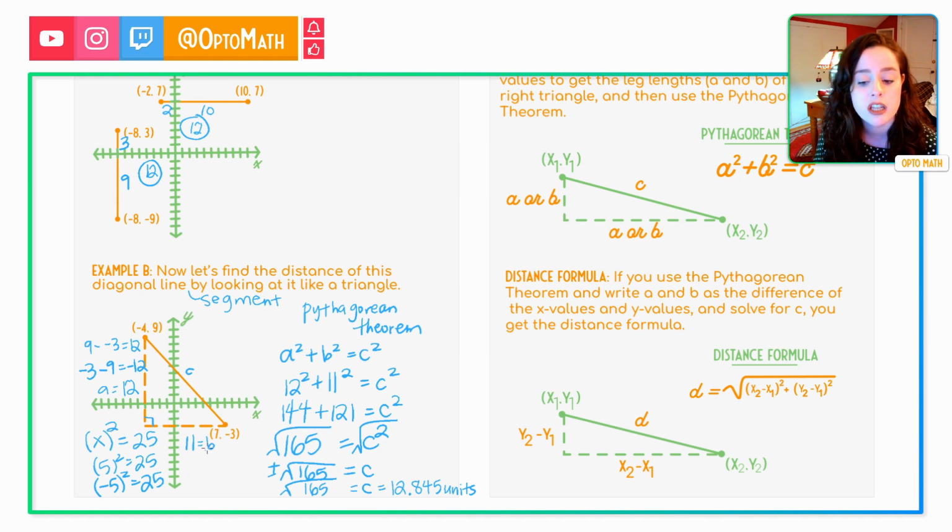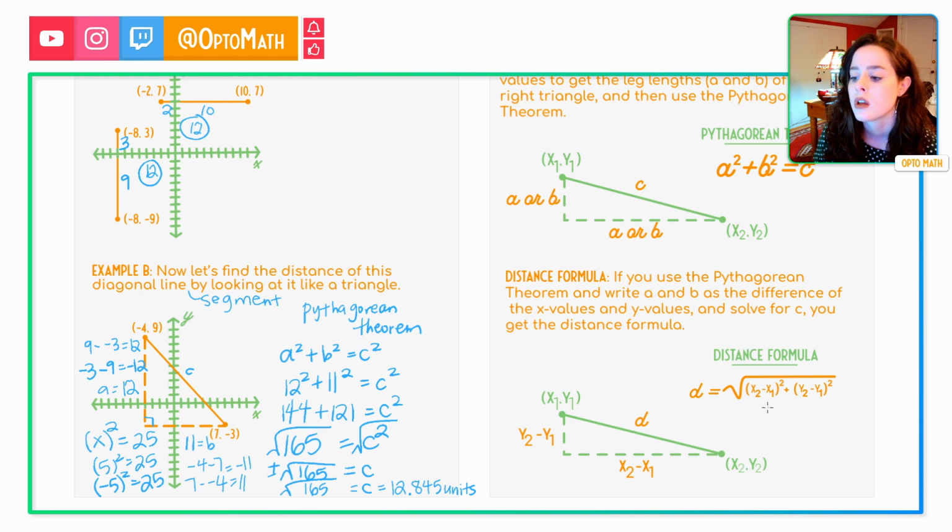Same thing happens for your x values. -4 minus 7 is -11. But when you square it, it'll become positive 121. You could have also done 7 minus -4 and gotten the positive 11 to start with. But again, either way, they'll end up positive. So the order doesn't matter on which one you call x1, y1 and x2, y2.